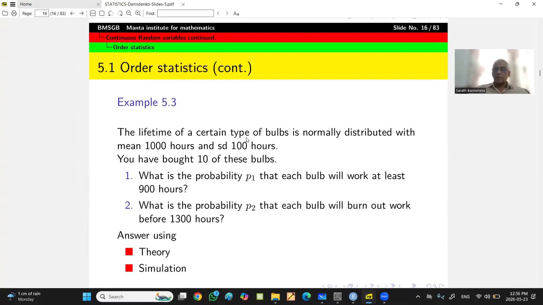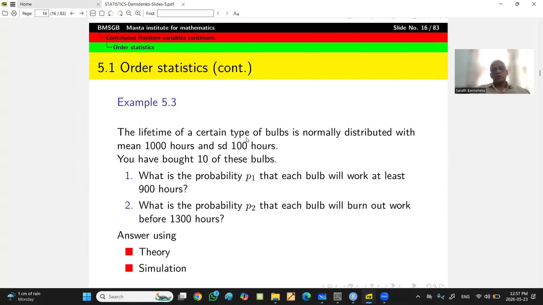How can we answer this question? We can answer this question using the given model, the normal distribution, and also a binomial model. We can find out the probability that any of these 10 bulbs works at least 900 hours.